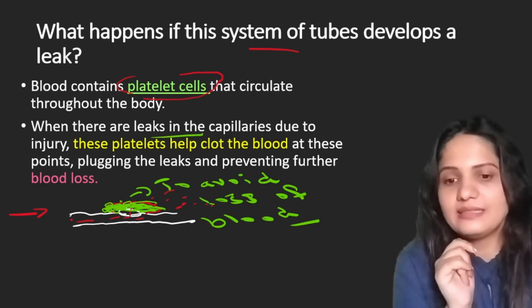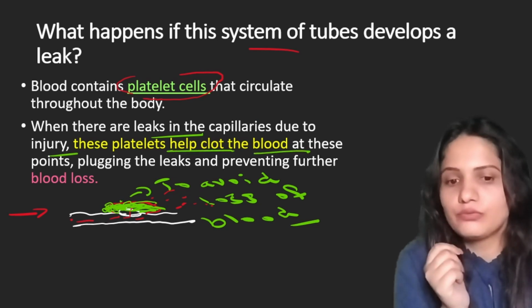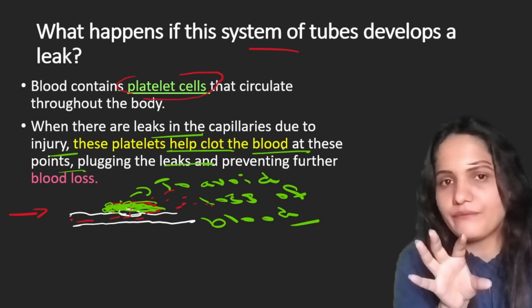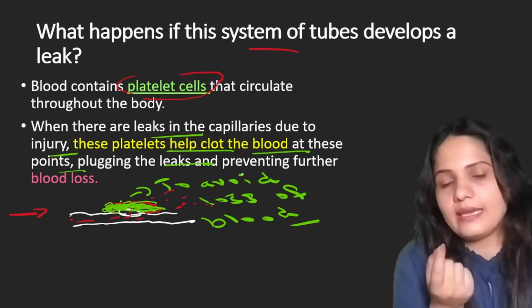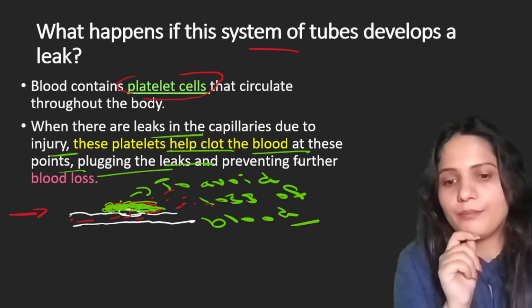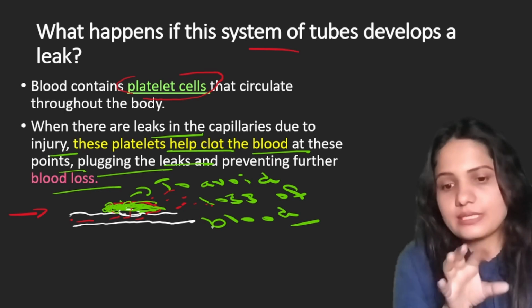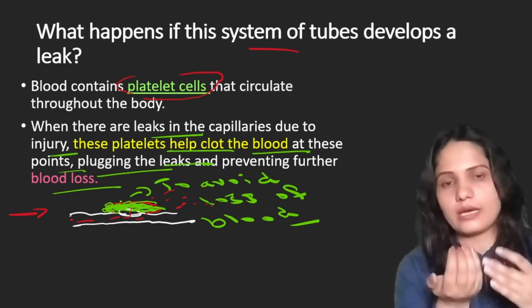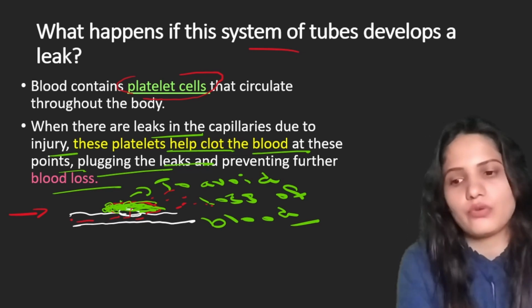So when there are leaks in the capillaries due to any injury, these platelets help to clot the blood at these points. Plugging the leaks means covering the leaks; they aggregate on the leaks, and this way they prevent blood flow, plugging the leaks and preventing further blood loss. This is the process which happens when we have a leakage in our blood vessels, let's say a capillary wall. This was a question from your NCERT.